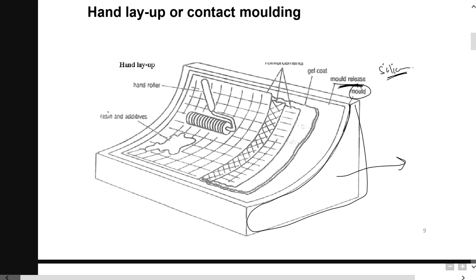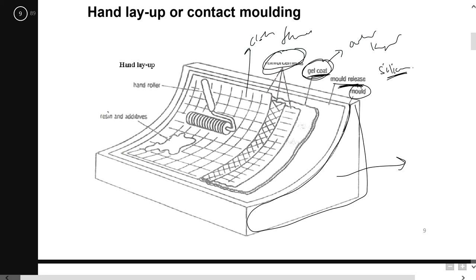The purpose is to allow easy removal of the part. Then after which you lay out a gel coat, because if you were to take out the whole piece, the gel coat will be the outer layer of the part. Therefore this gel coat is a protective system to protect your inner fibers. And I assume that all this stuff over here, because I can't read it because it's being cut, but anyway, it should be your reinforcing fibers in terms of cloth or fibers.